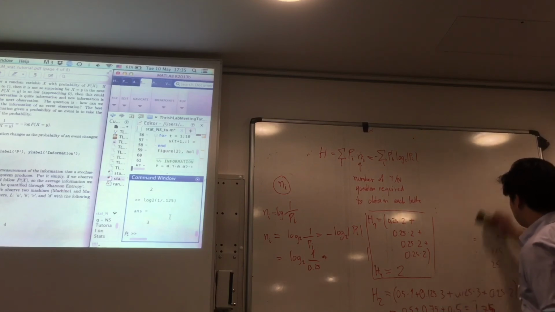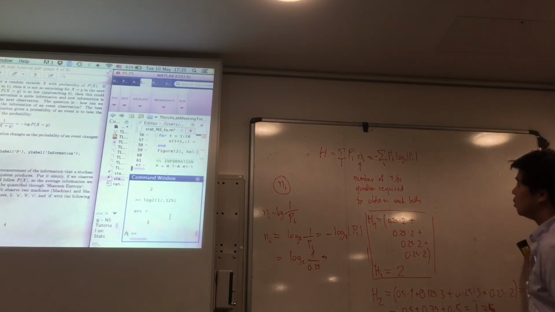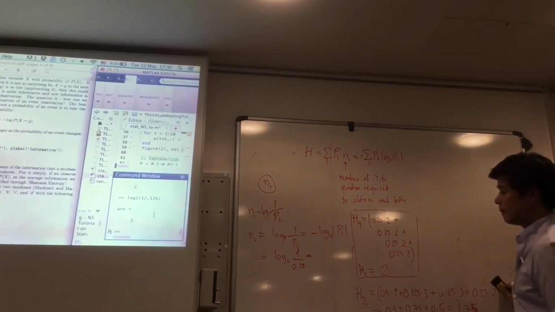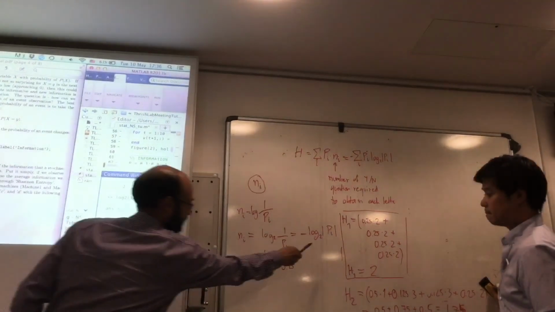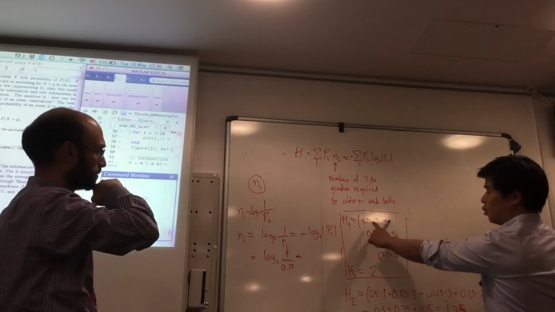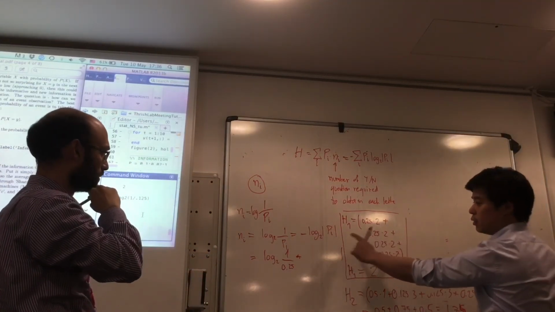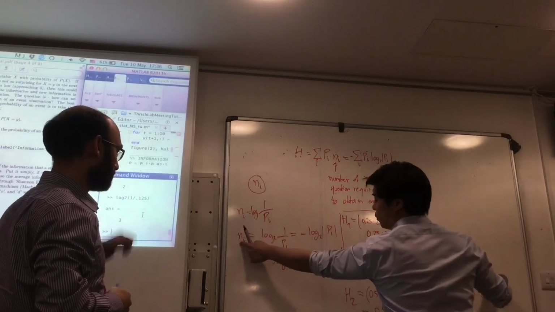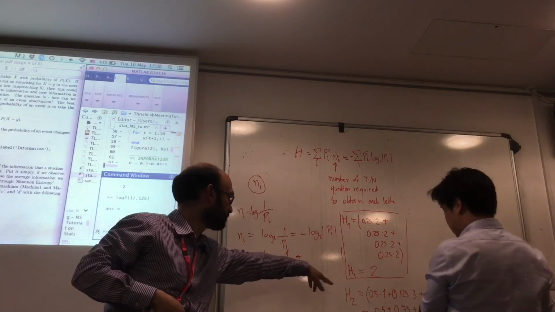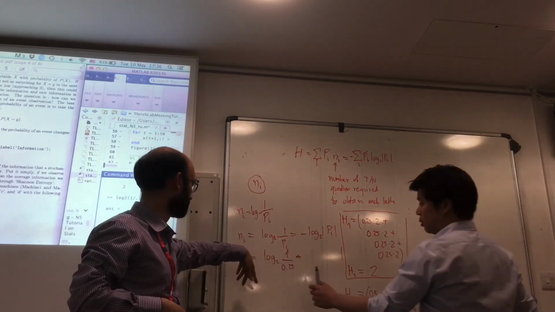So the p_i over here, in this example, what are the p_i? 0.25, 0.25, and they're changing, right? 0.5 and so on. Is there a summation somewhere?